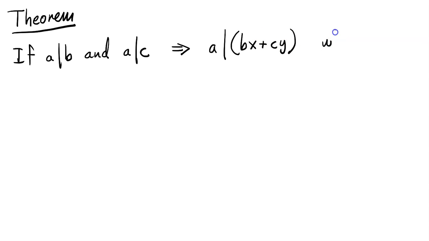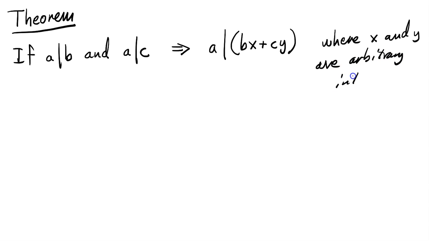And here x and y are arbitrary integers. So if a divides b and a also divides c, then we know that a divides any sum here, any combination like this.